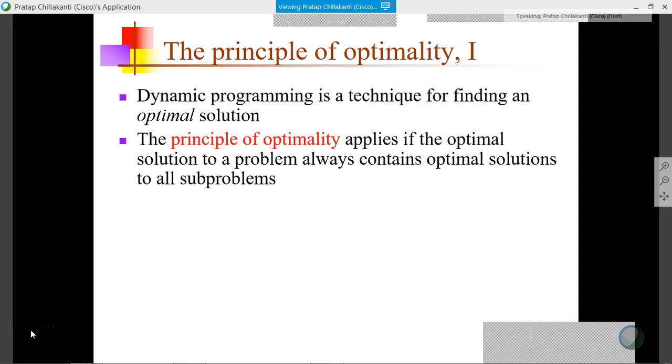So what does it say here? This next set of slides are one of the most important set of slides in this course. Okay, so pay careful attention. So what principle of optimality says is, if it is applicable, the optimal solution always contains optimal solutions to all subproblems.